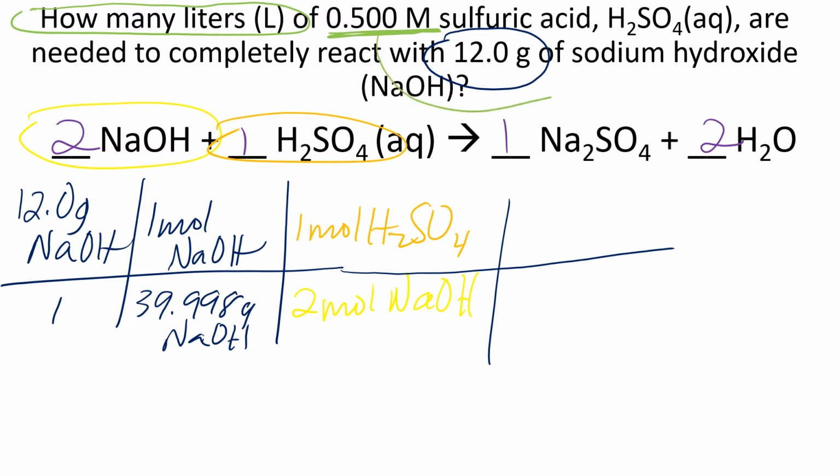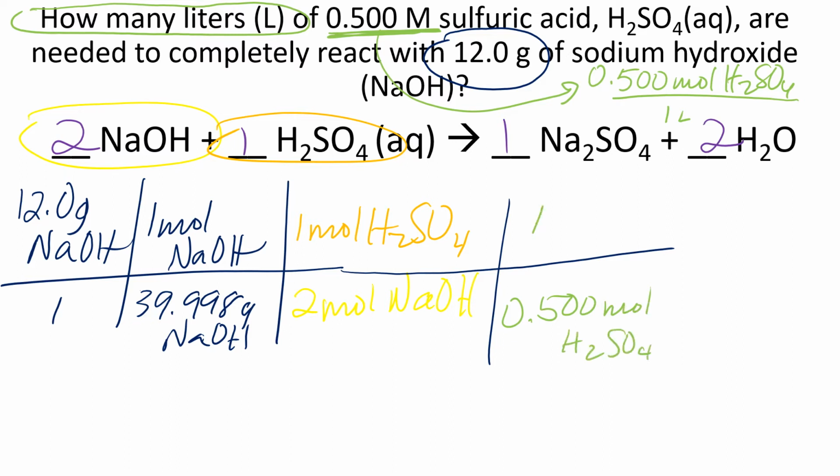So the way to rewrite this for a conversion factor is 0.500 moles H2SO4 over 1 liter. So that means that I got to put 0.500 moles H2SO4 on the bottom, and on the top it's going to be 1 liter H2SO4. So do my math. So it's 12 divided by 39.998 times 2 times 0.5.